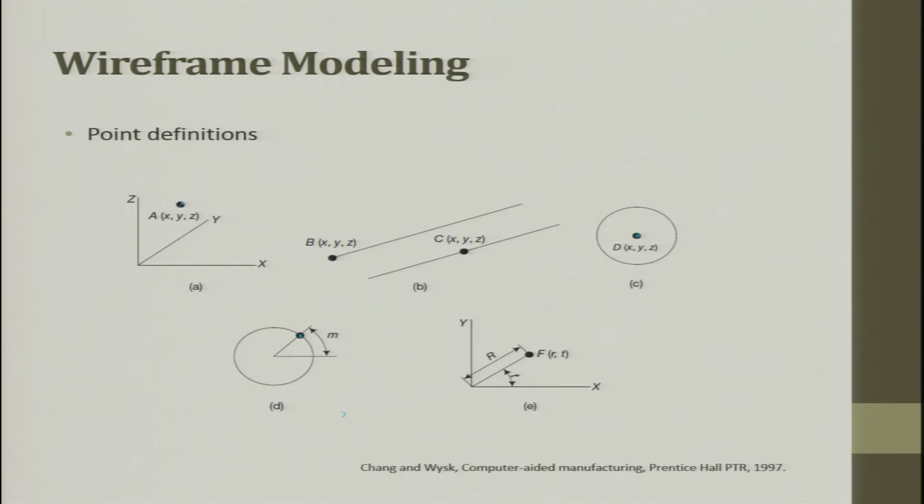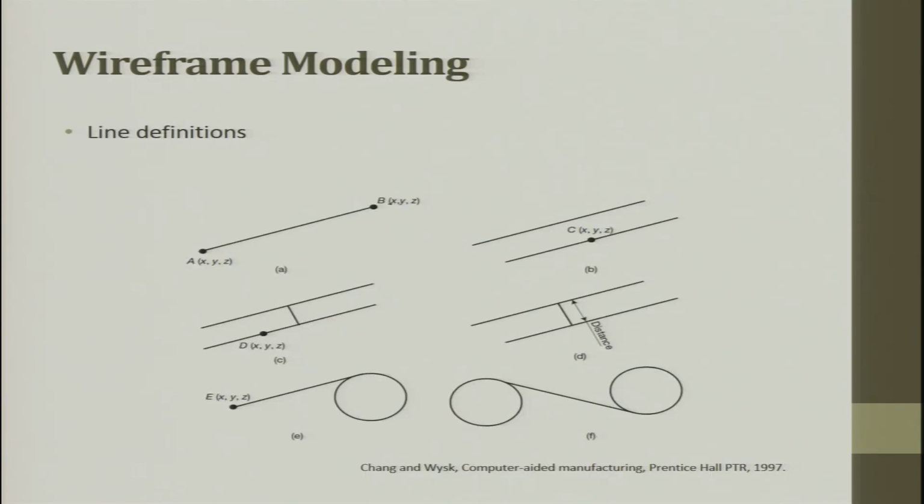So, a point, you can define as x, y, z. You can define a line and then you can say start point and midpoint like this, and this is for a circle, this is for a sector you want to do, and a point drawn at an angle to the x axis. So, these are different ways you define a point, and these are different ways you define a line.